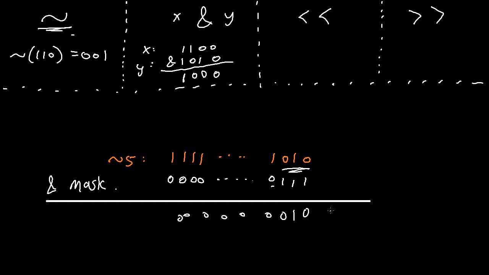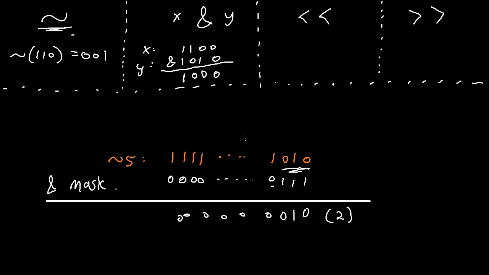So this is the 2, the answer that we want. What a mask does is that you retain all the values that you set as 1, so these values remain the same, and everything that you set as 0 will automatically get cleared out to zeros.